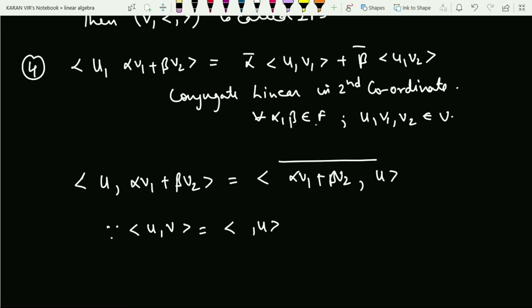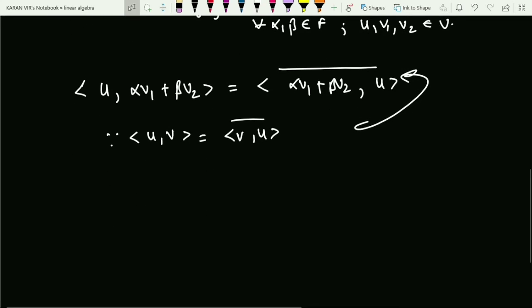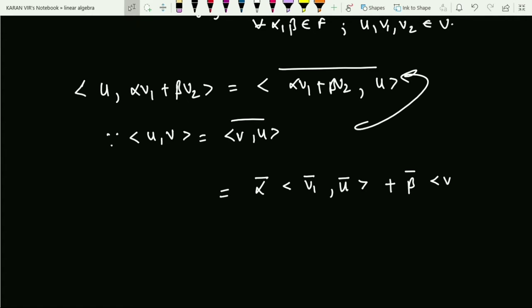So using this property above, and now from property 1 I split these terms, so this comes out to be alpha conjugate times the inner product of v1 comma u, conjugate, plus beta conjugate times the inner product of v2 comma u, conjugate.